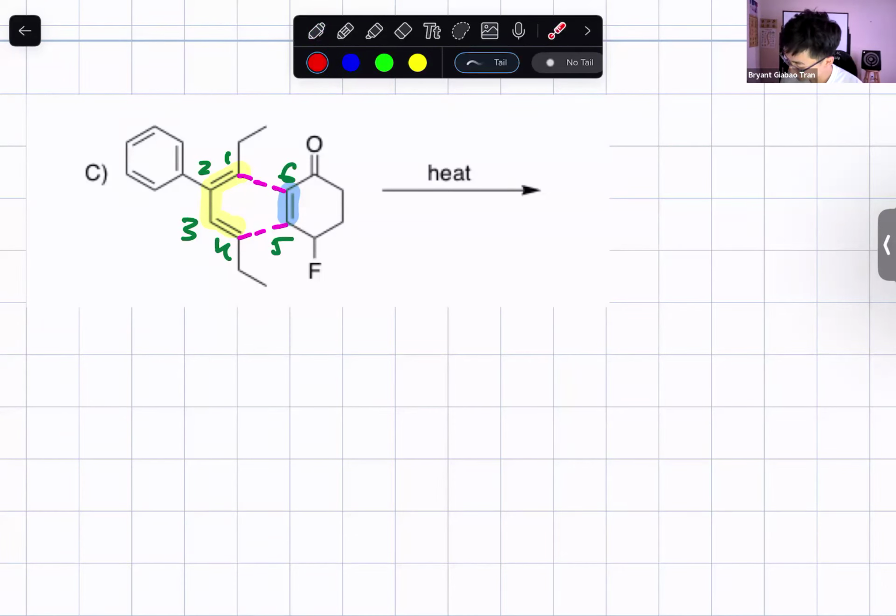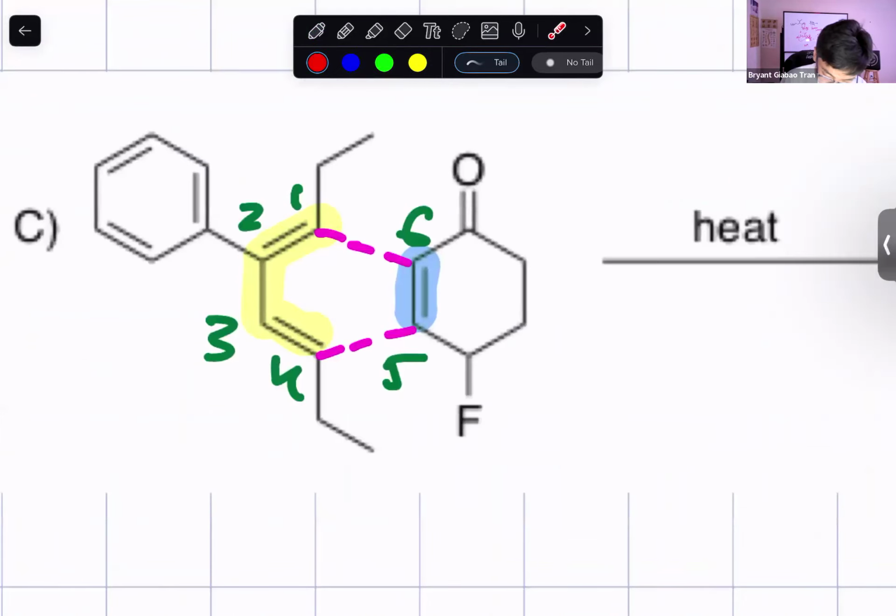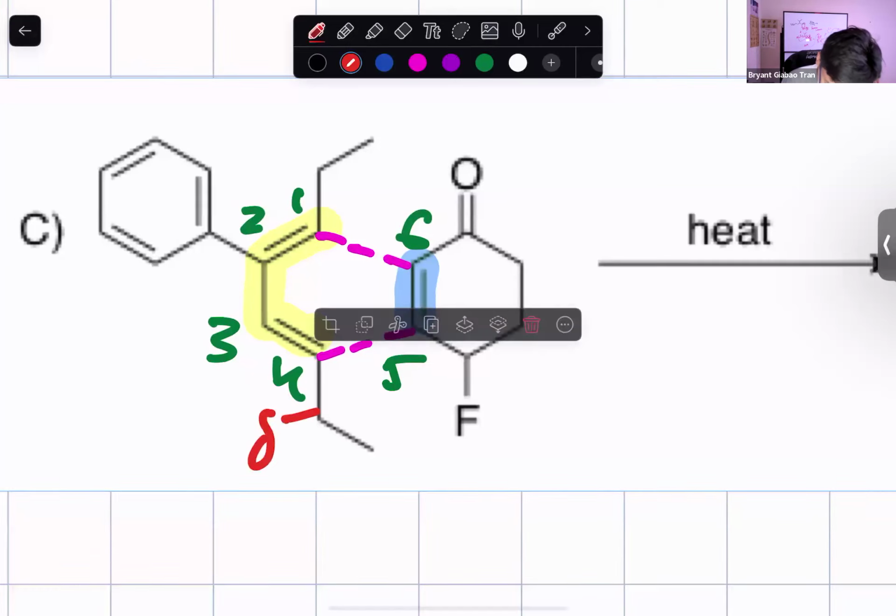Okay, so now we are going to look at the charges of this dienophile and diene, right? So we know that these R groups here are EDGs, putting negative charges on atoms 4 and 1, right?